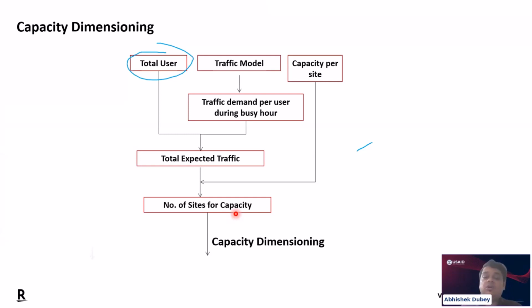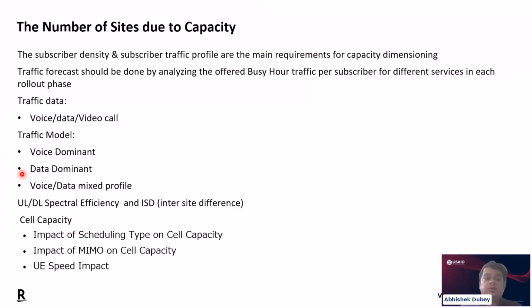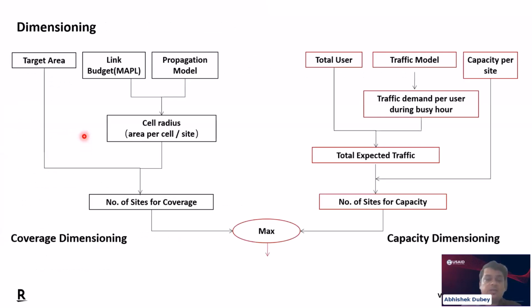All right, so this is called capacity dimensioning. That is the main formula I have mentioned here, the same I explained there. And remember, I told you that finding the total number of sites in a certain area cannot be decided through one dimensioning, coverage or capacity.